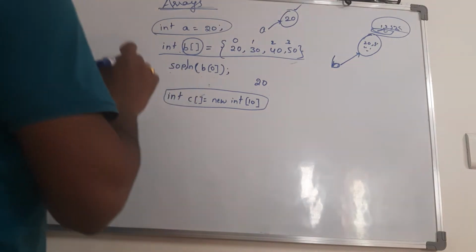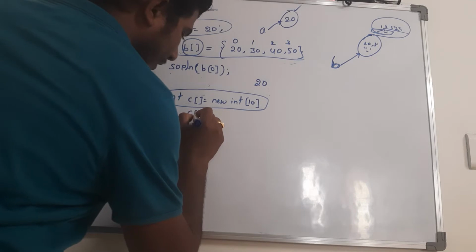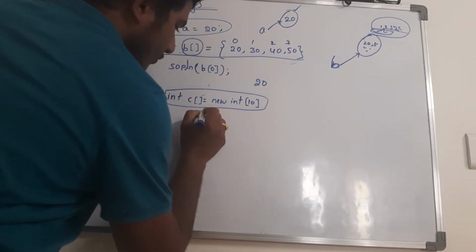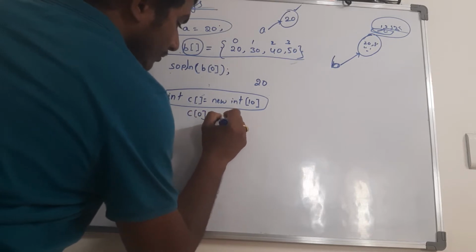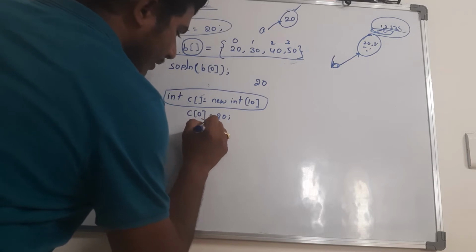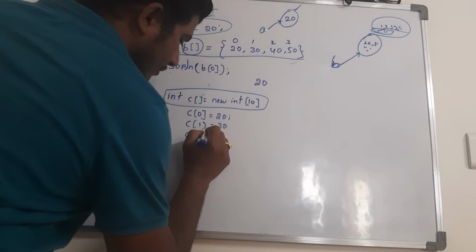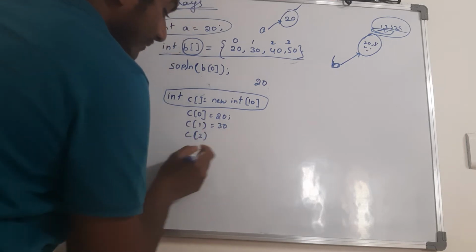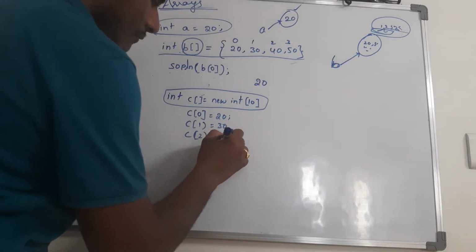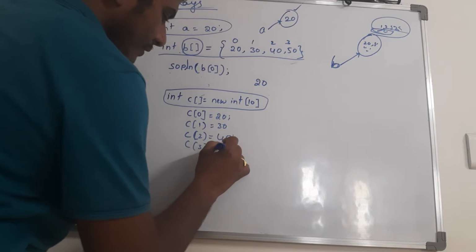integer array. And you can add the values like c of 0 equal to 20, c of 1 equal to 30, c of 2, not parenthesis, these are the brackets, 40, c of 3, 50.